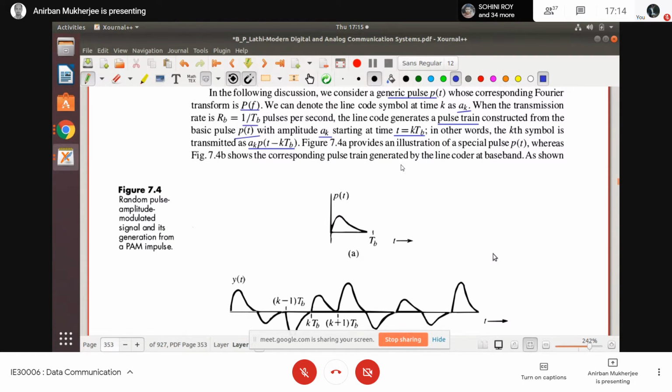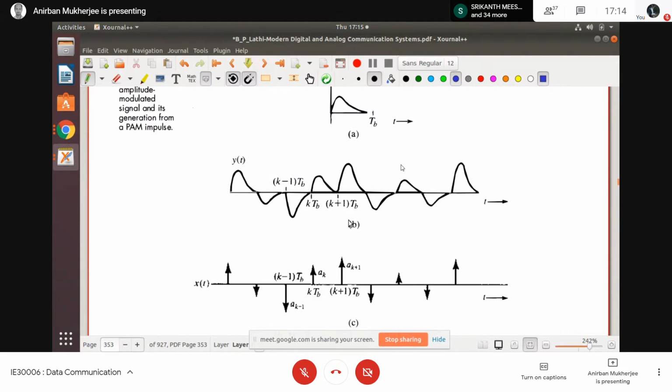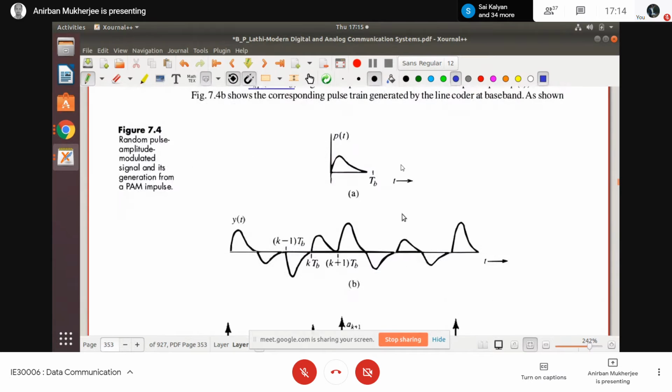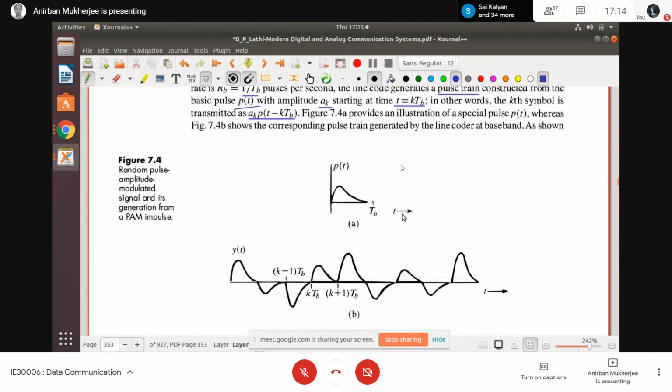Anyway, what I am doing, this is my pulse, and I have some bit stream. This bit stream I have grouped together. Finally, I have got some symbols. My symbols are the A_k's.